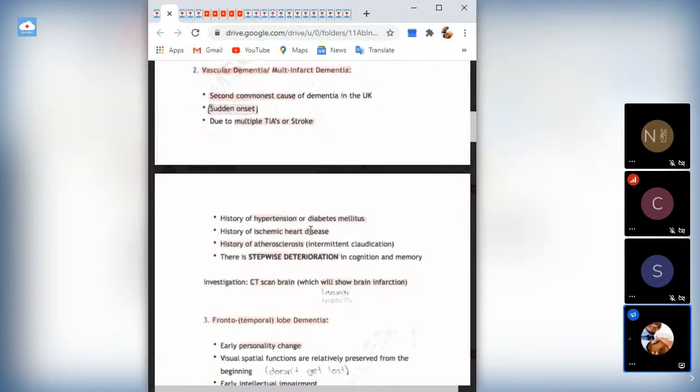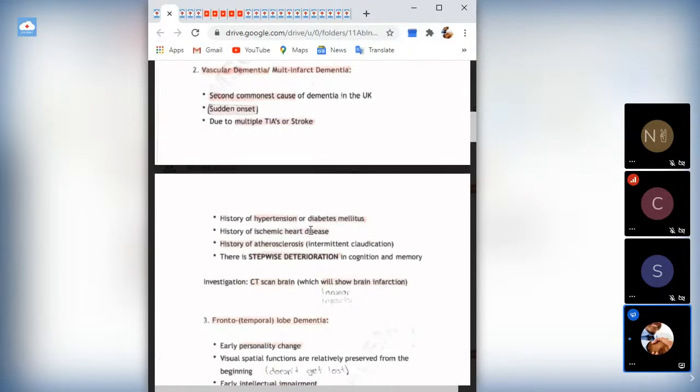So all the risk factors, what they call cardiovascular risk factors, not all of them may be there at once, but many of them may be. All right. So you want to know about the modifiable and non-modifiable cardiovascular risk factors.